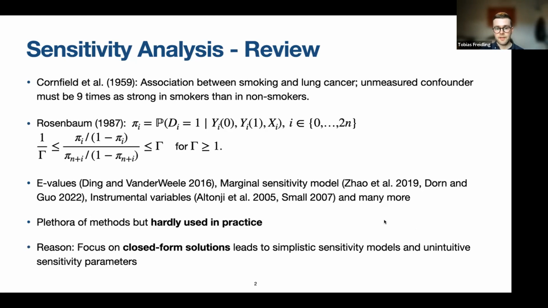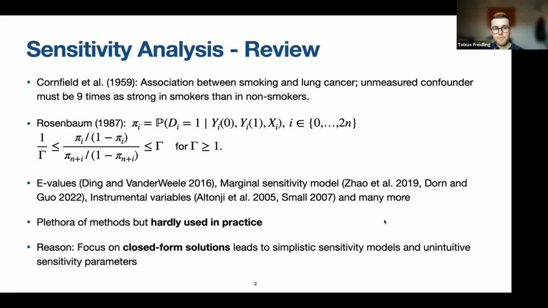And if you aim to get a closed form solution, you often restrict yourself to consider a very simple sensitivity model, or you may use sensitivity parameters that make sense in a model but are not easy to communicate to applied researchers.